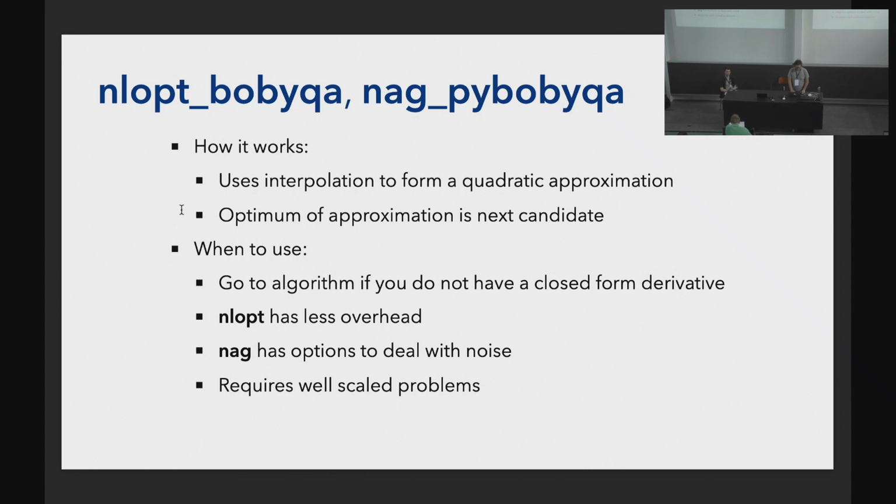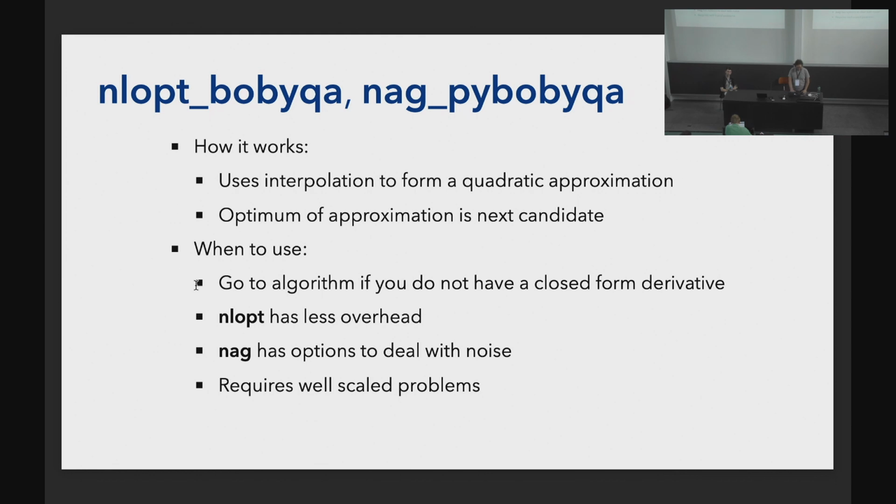These algorithms evaluate the criterion function somewhere in the neighborhood of your current parameter guess, then fit an interpolation model on these points and optimize this interpolation model instead of the actual criterion function to generate a candidate. In that sense, they work like the FIDES algorithm. They are trust region methods, just they don't need derivatives.